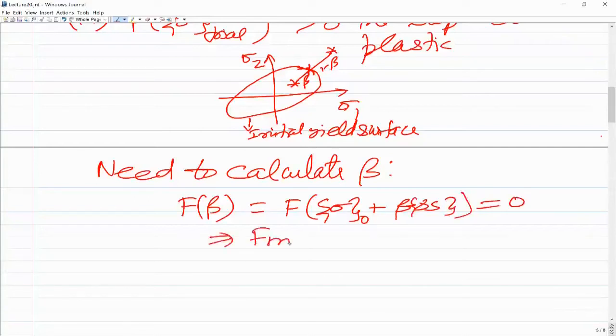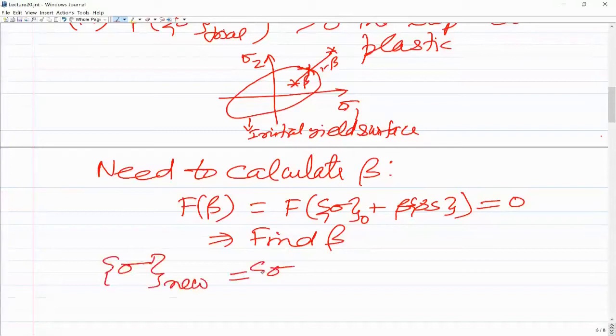Using the Newton-Raphson method, you can find beta from this expression. And once you have found beta, then you have an intermediate new stress, let us say I denote as sigma dash nu. So sigma dash nu would be sigma naught plus beta times delta S.